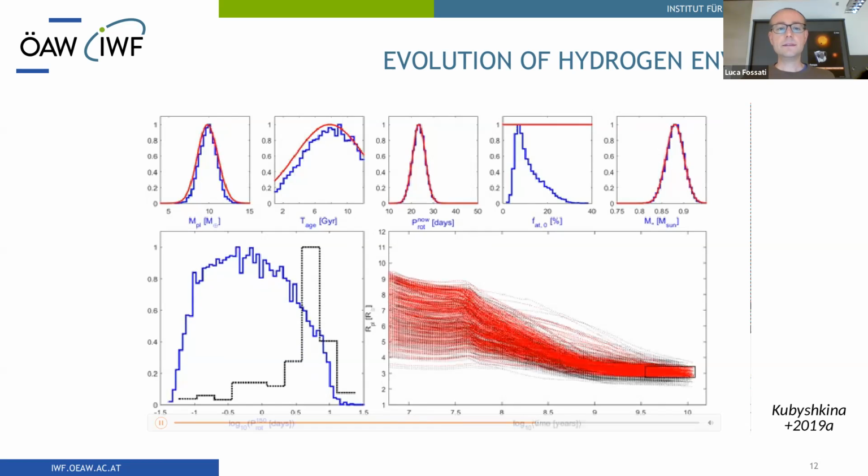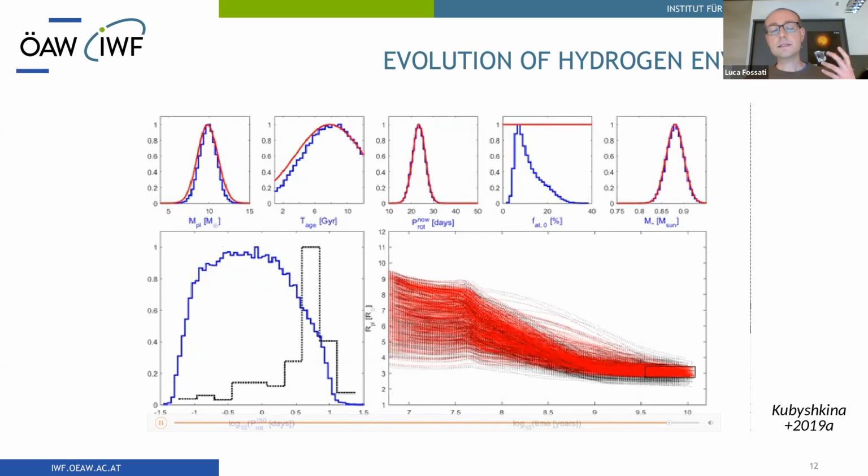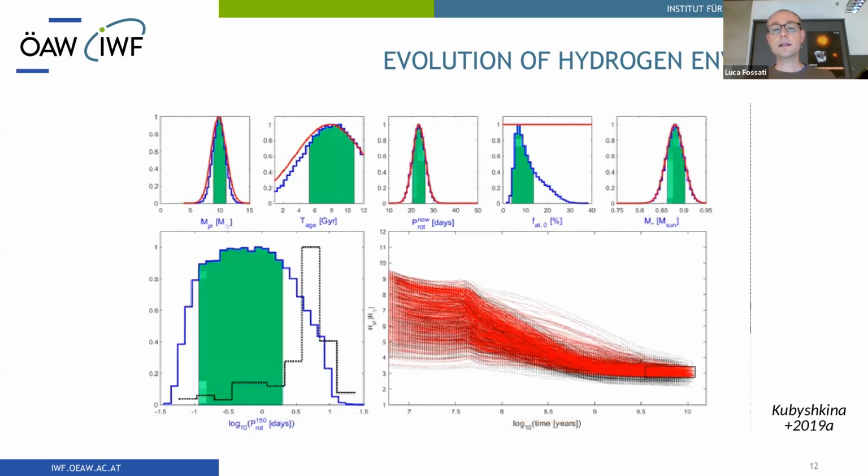And you see that there are two posteriors that come out of the flat priors, one on the initial atmospheric mass fraction and the other one on the rotation rate of the star when it was young. So the stellar rotation rate at young age is actually a result of the system. And this is the final, at the end of the simulation, and the green areas indicate the 68% credible interval. So essentially the 1 sigma uncertainty.